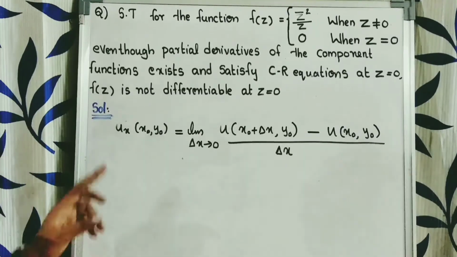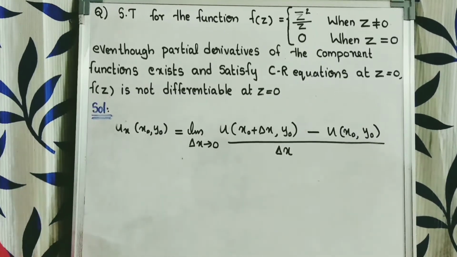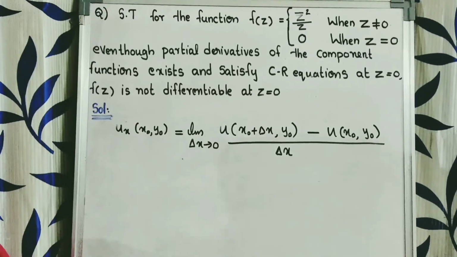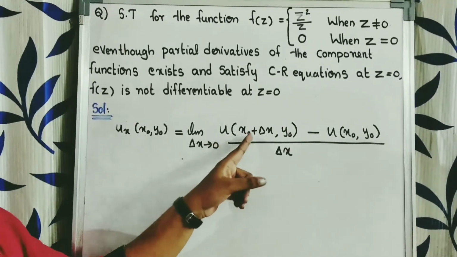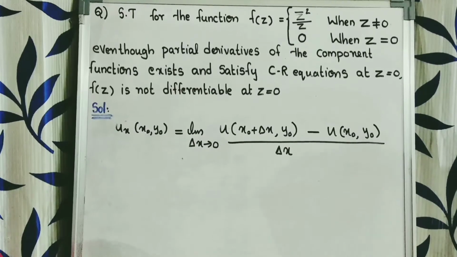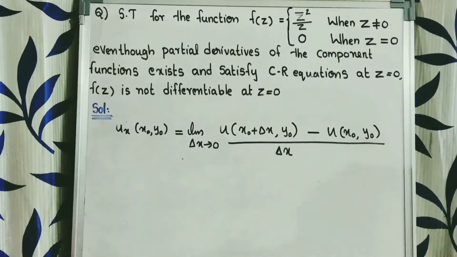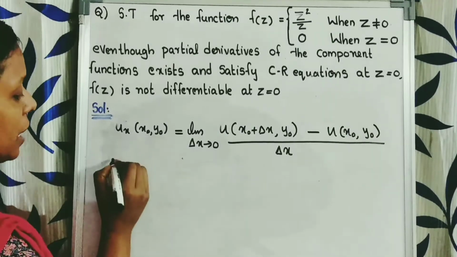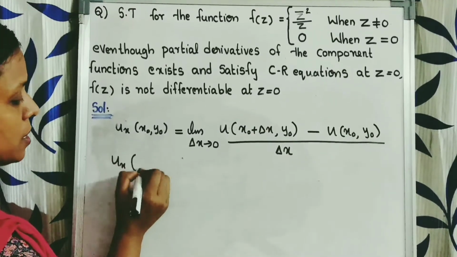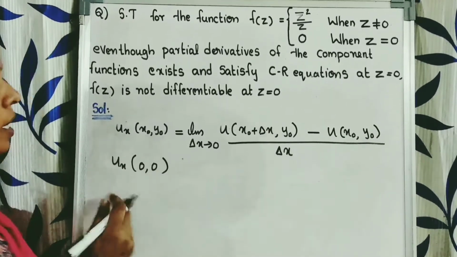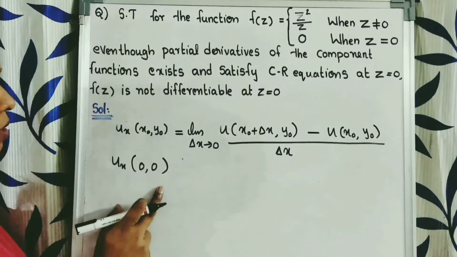We know that u_x of (x naught, y naught) is equal to the limit as delta x tends to 0 of [u of (x naught plus delta x, y naught) minus u of (x naught, y naught)] divided by delta x. Here first we have to calculate u_x at (0,0), where x naught is equal to 0 and y naught is equal to 0.